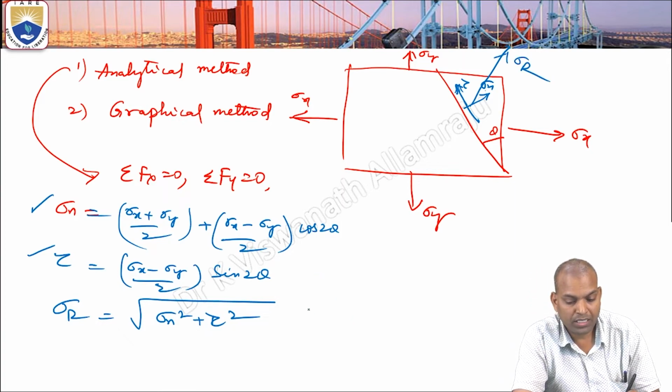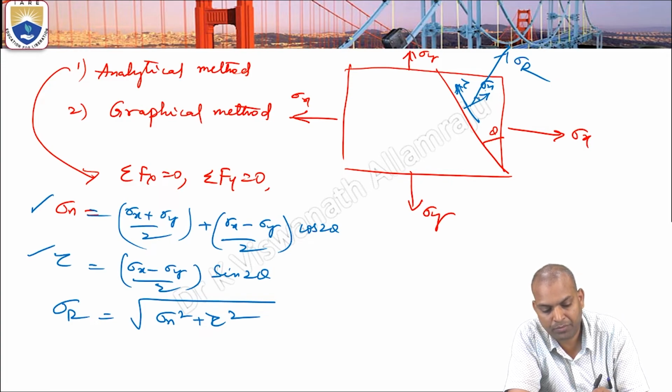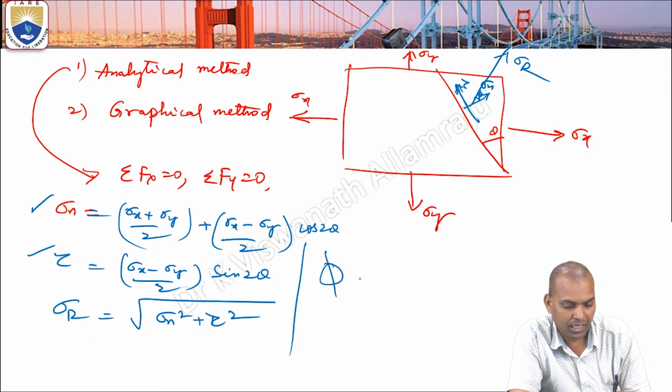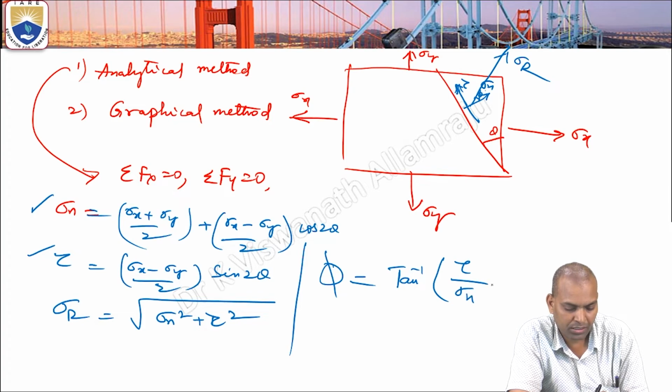Now, what is the inclination of sigma r with sigma n? That angle is known as the angle of obliquity. The angle of obliquity phi is equal to tan inverse of tau by sigma n.